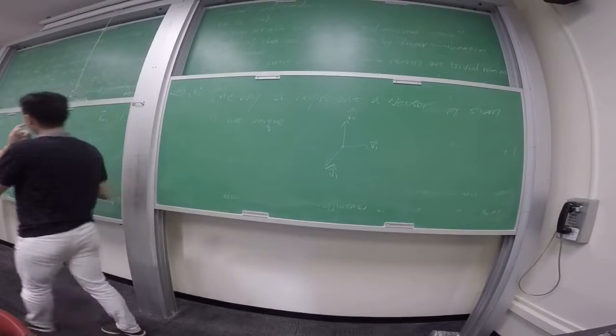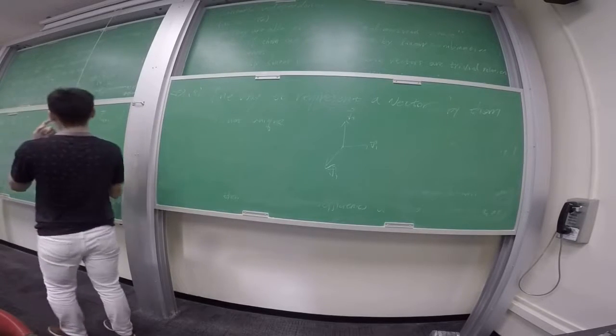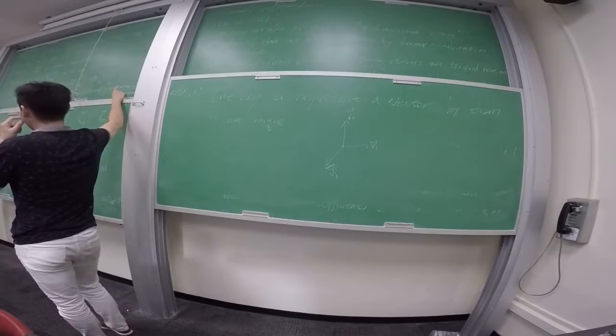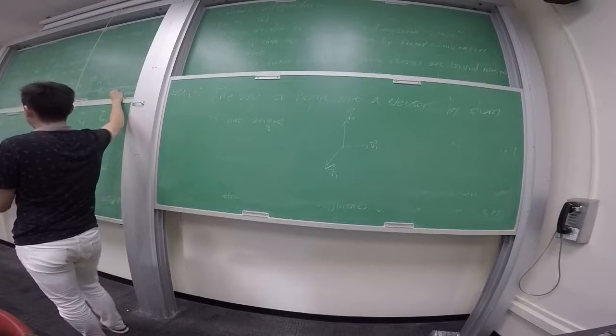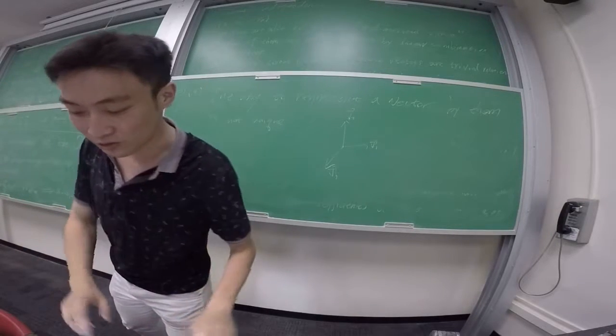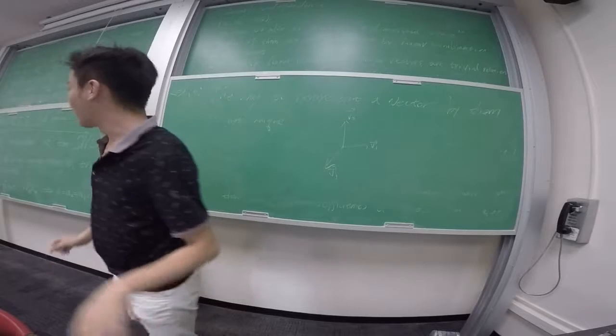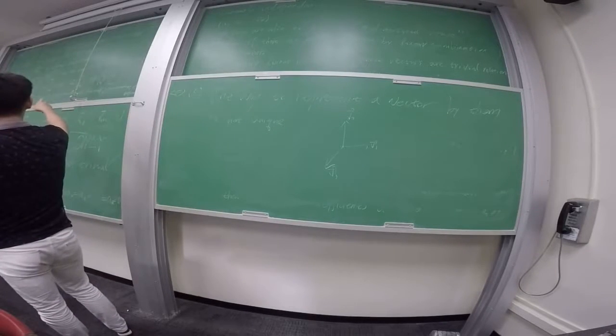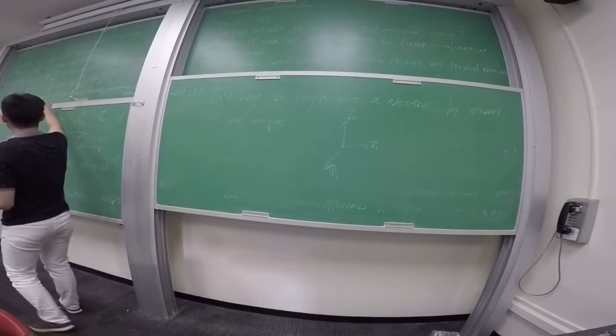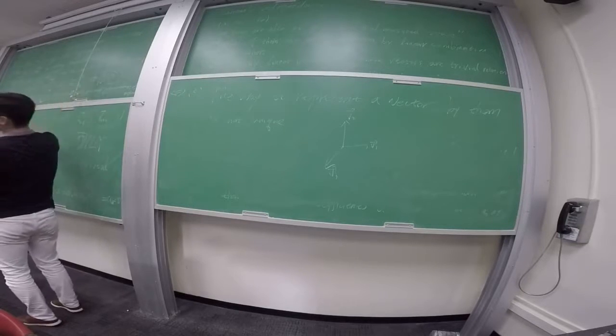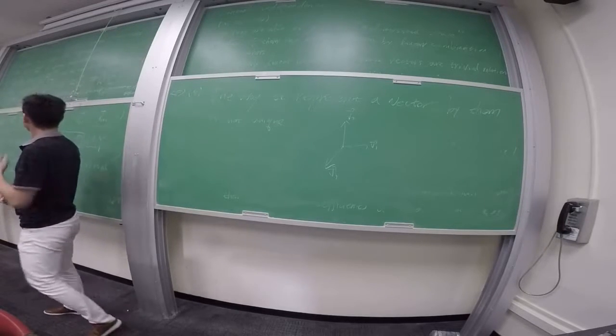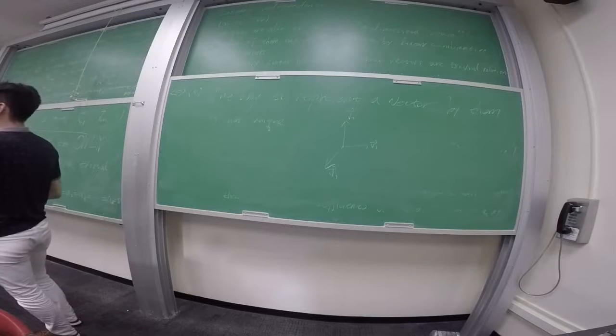But the one that I want to emphasize is the second one. That is, if you have already written a vector as a linear combination of those linearly independent guys, then the method of combining them is unique. Can anyone say why that is?